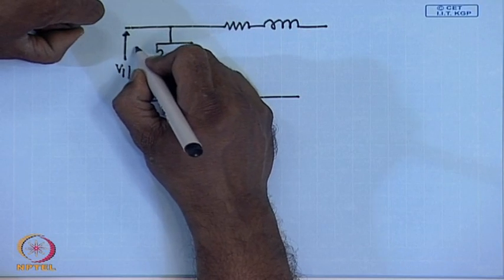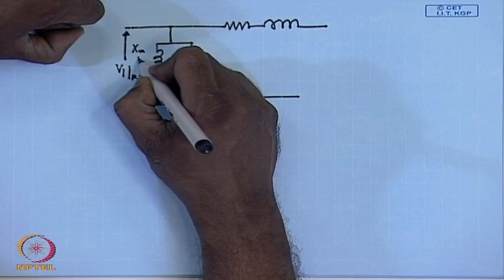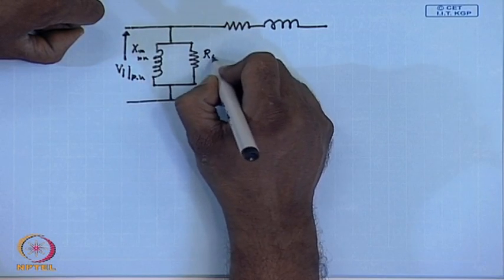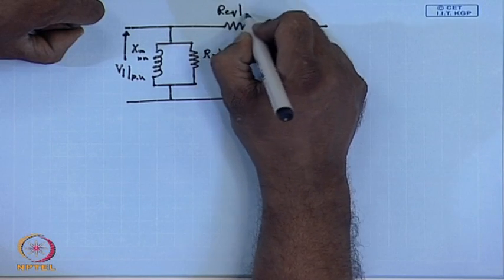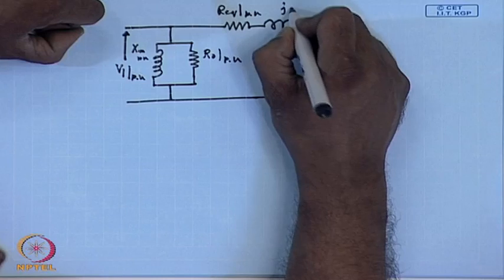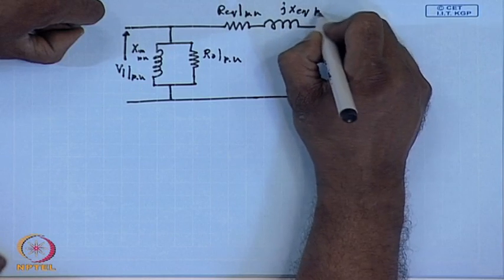this is XM PU, this is R0 PU, this is Req PU, this is jXeq PU.